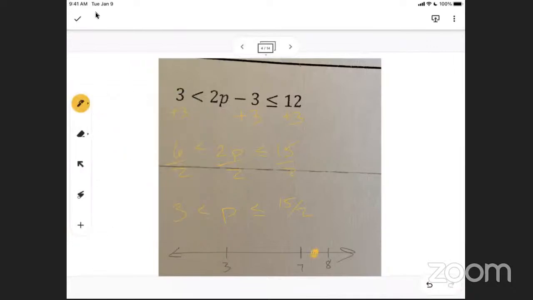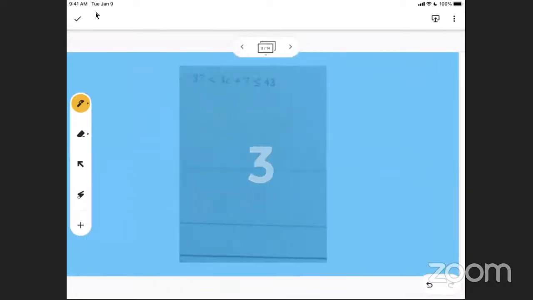I fill it in because of the equal to sign there, and not filled in there because there's no equal sign. It would be between them because it's what's called an and inequality.